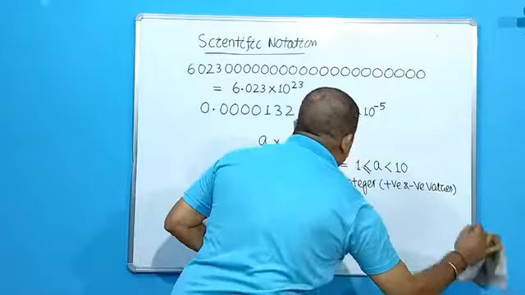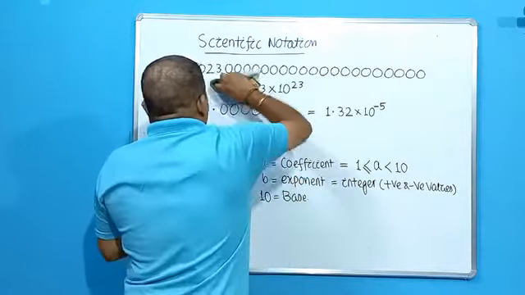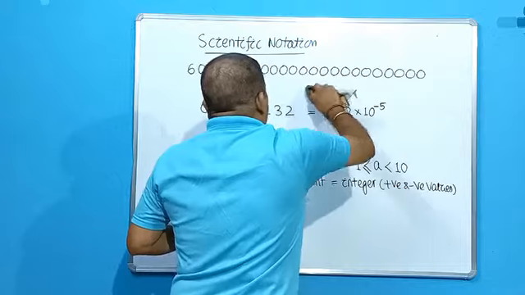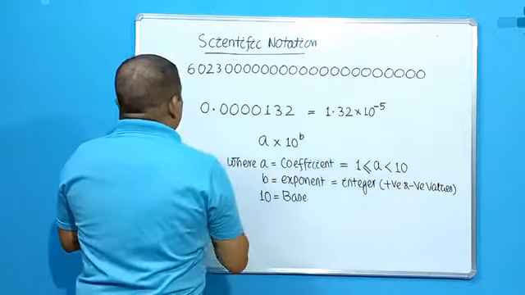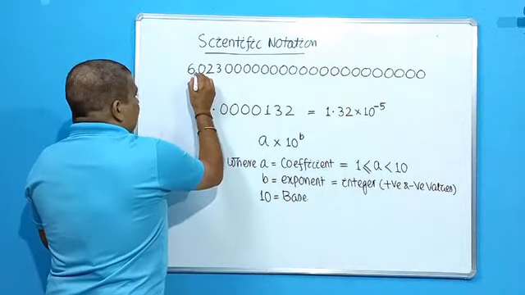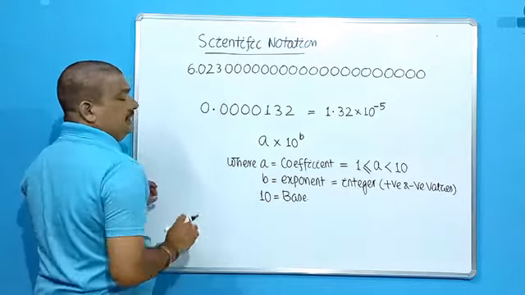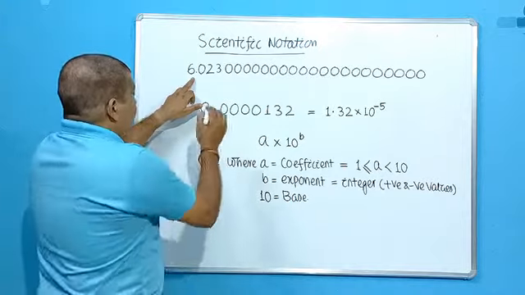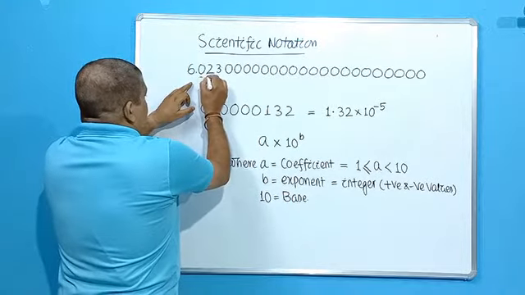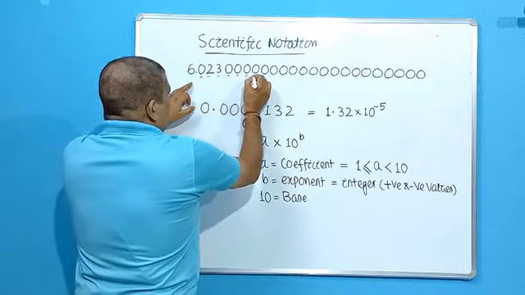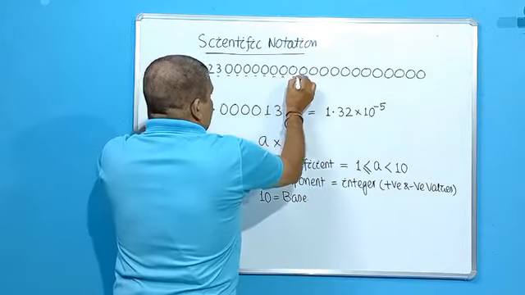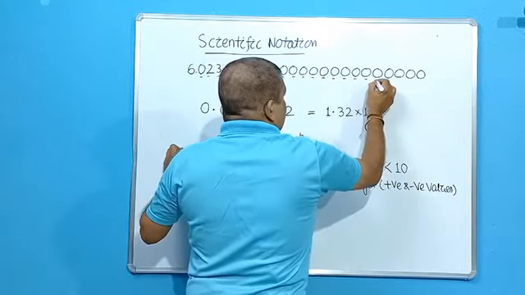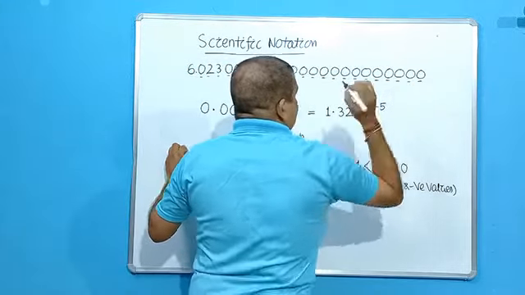Suppose we have not written this number. Once again for your sake I am writing it. So how do we convert or express this number? Now we know that a can have a value less than 10. That means the decimal point has to be here. Then count the number of places: 1, 2, 3, up to 23.